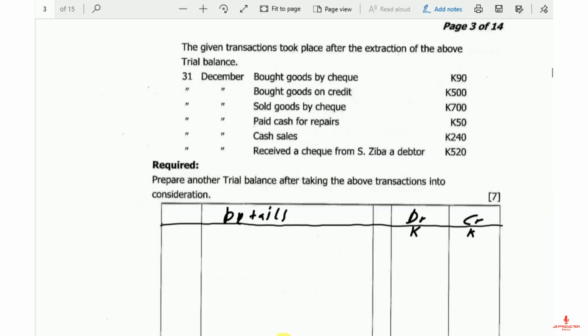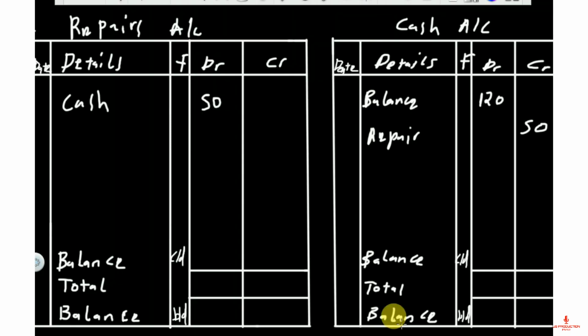Let us look at another transaction. Another transaction reads: cash sales amounting to 240 kwacha. So cash sales amounting to 240 kwacha, and the two types of accounts here that are going to be affected, we're going to have cash and sales, amounting to 240. So cash there, we're going to say sales.